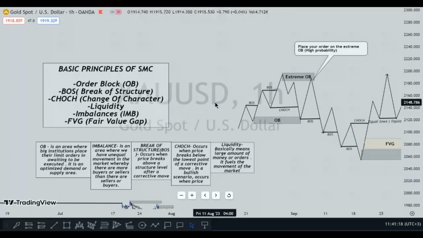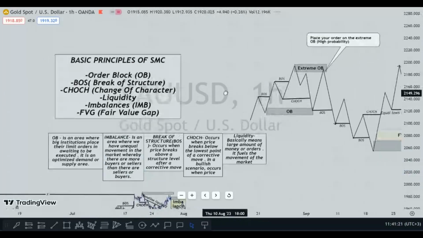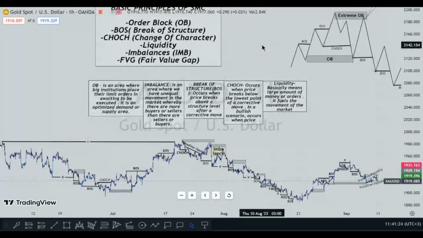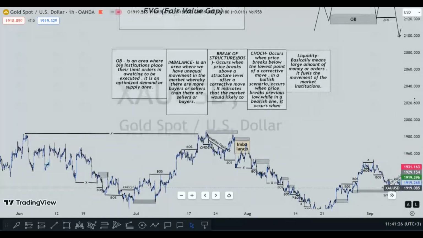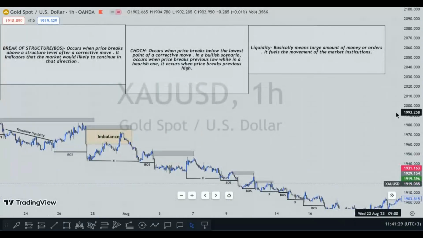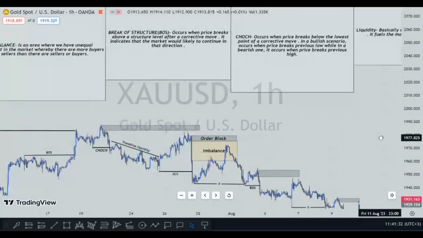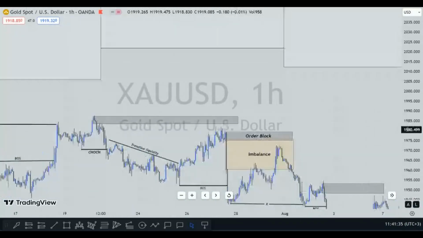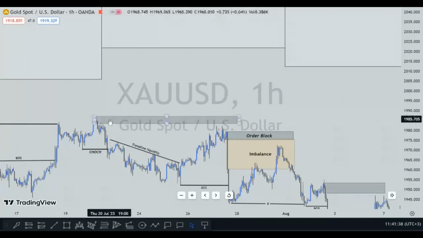I will show you how an order block looks like. There is a bullish and a bearish order block.